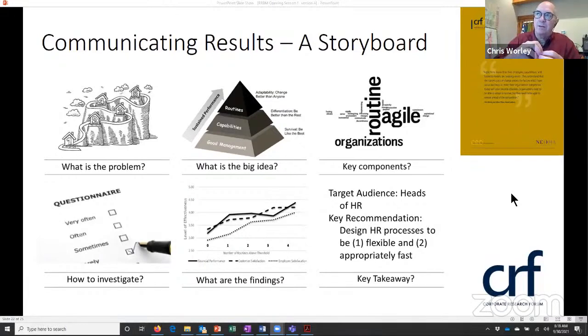In traditional research, you want a dependent variable that's measured independently of the independent variable. Well, in this case, we relaxed that. We simply asked people a set of questions about their own agility, but we also asked them about their own perception of their performance. And so we had a common method variance problem that academics would look at and say, that's a weakness in what you've got going on there.